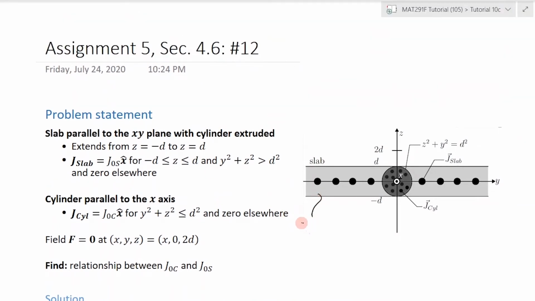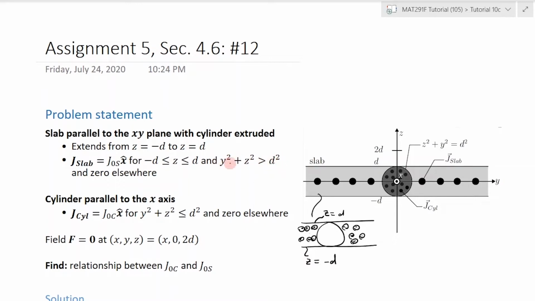So the slab has a shape like this, and it has J slab equal to J naught S x hat between the two surfaces of the slab, which would be z equals d and z equals negative d, and for y squared plus z squared greater than d squared.